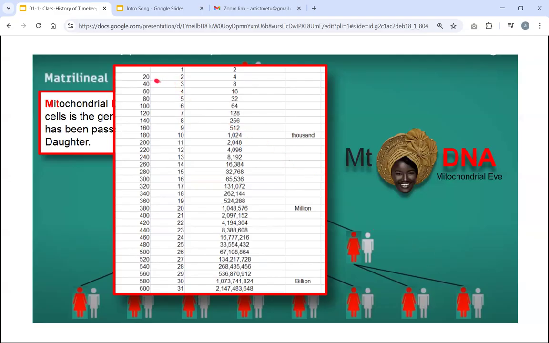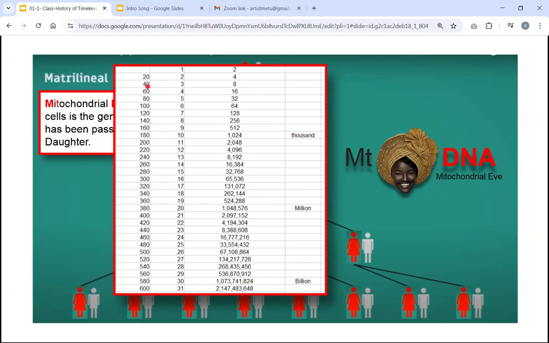On the left-hand side, this is the average generation, every 20 years. We know that some women have children at 16, some women have children at 30. When we round it off, it comes out to about every 20 years.